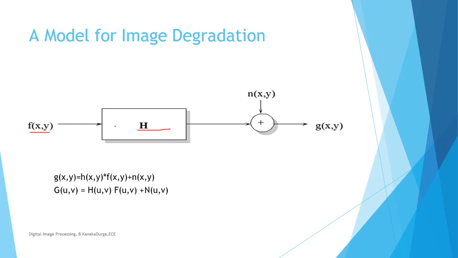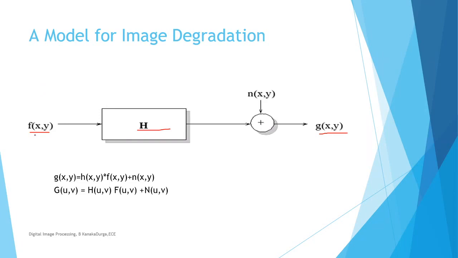This function has some mathematical equation or transfer function, and it is applied on the original image. Meanwhile, some external noise parameters are added on the image. So at last the resultant g of x comma y is the degraded image.